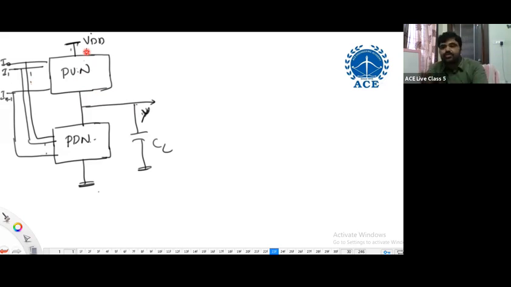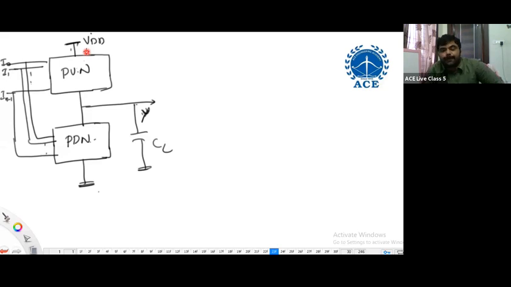Once it is charged, charging is done. For charging, it is consuming power. But after charging is done, there won't be any charge exchange, except leakage current, a very small leakage current. In MOSFET, that is also minimized.